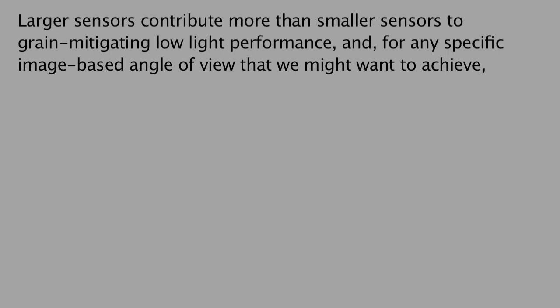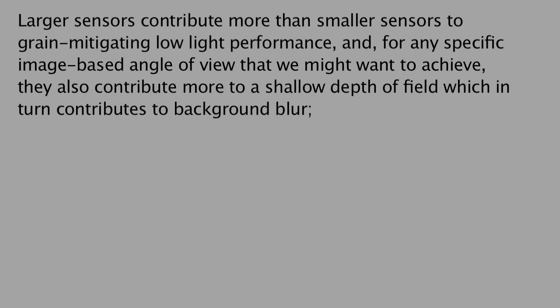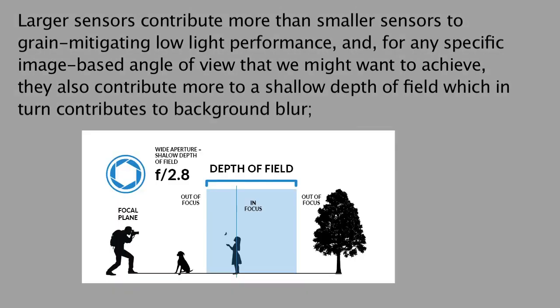Larger sensors contribute more than smaller sensors to grain mitigating low light performance, and for any specific image-based angle of view that we might want to achieve, they also contribute more to a shallow depth of field, which in turn contributes to background blur.